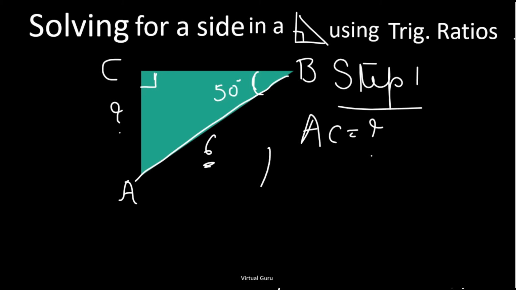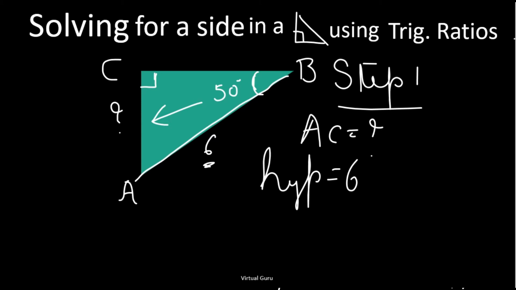So we know the hypotenuse, that is 6. Then we know the angle B. We are asked to find the length of the side opposite to the angle, isn't it? This is the length opposite to the angle 50 degrees. So which trigonometric ratio has opposite and hypotenuse present in it?